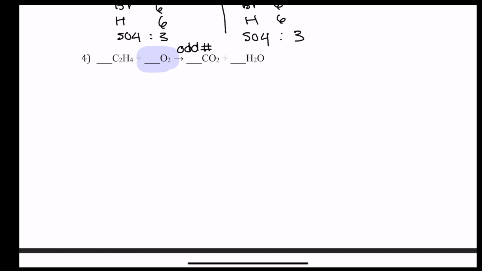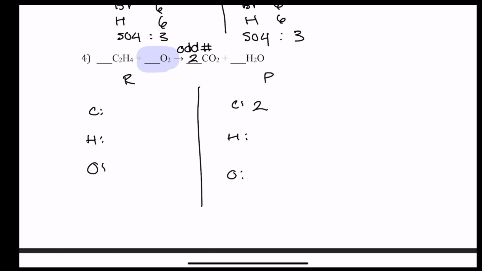So if I balance the carbon first, do you see how there's 2 carbon on the other side and 1 carbon on the product? So that means our product side must have 2 carbon. So it'd be 2, and I'm just going to put this as 1 here to keep carbon balanced.